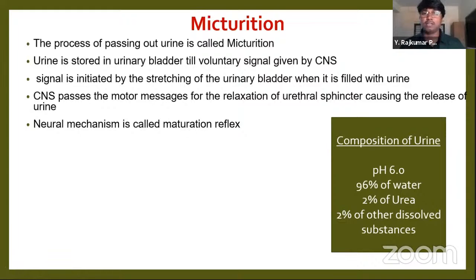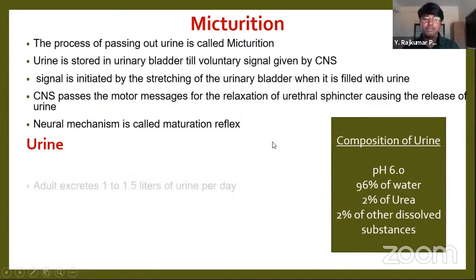Whenever the bladder is filled, immediately a signal goes to the central nervous system, and the central nervous system sends signals to the urinary bladder to relax the urethral sphincter, and then comes the process of eliminating urine, that is micturition. It all works in a very fast manner. That's called the micturition reflex. It's not maturation, it's micturition.